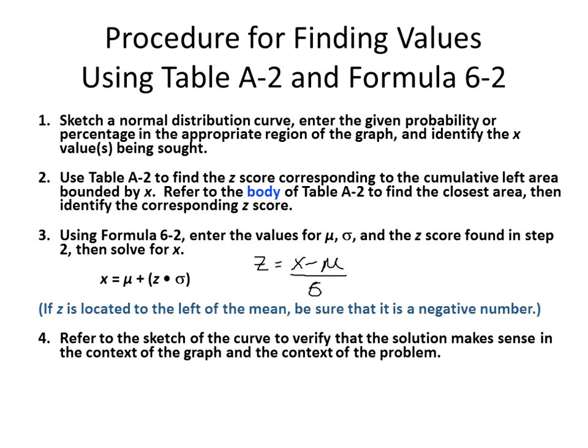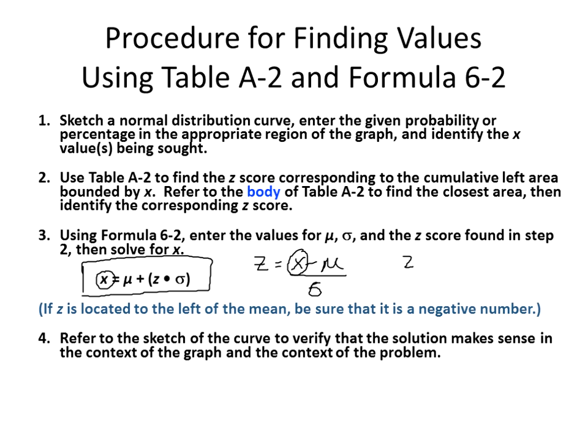So for this section that we're looking at, we're now interested in finding X. So you're going to use this transformation formula, and all you have to do is solve for X. That's how I ended up getting what you see here. If you're trying to solve for X, you simply multiply both sides by sigma.